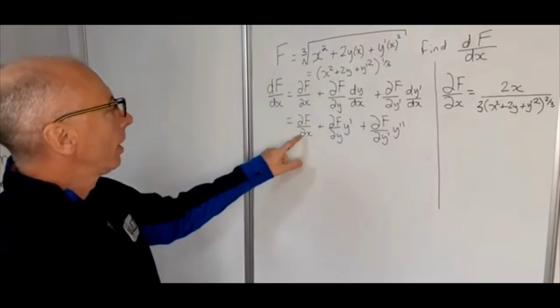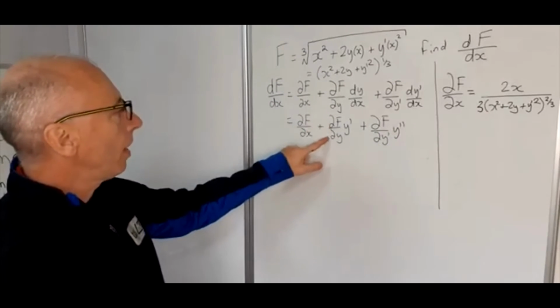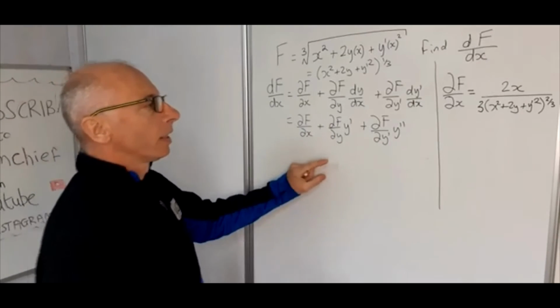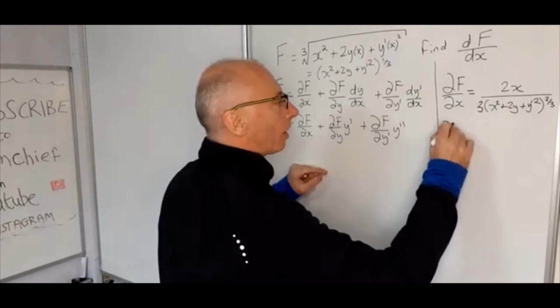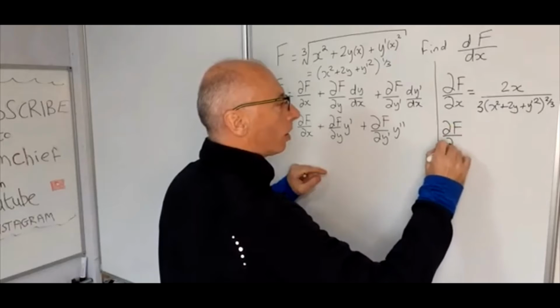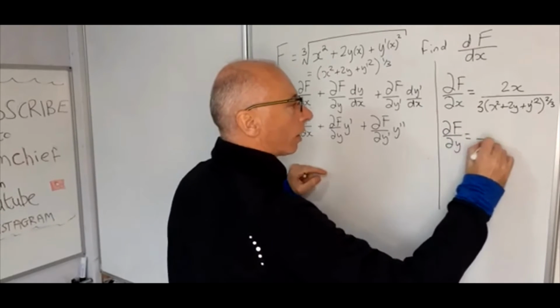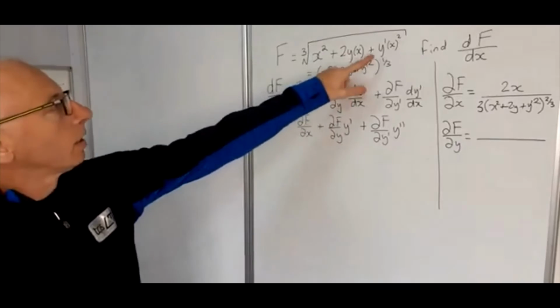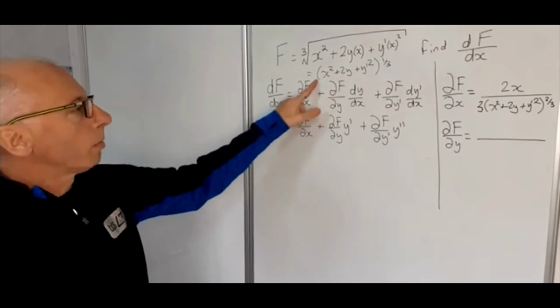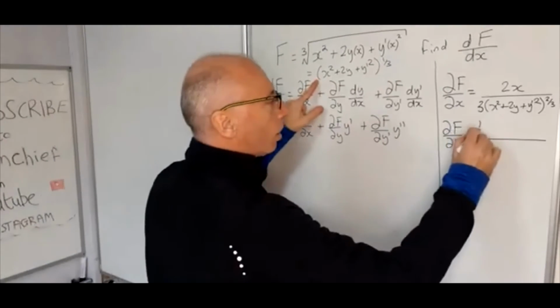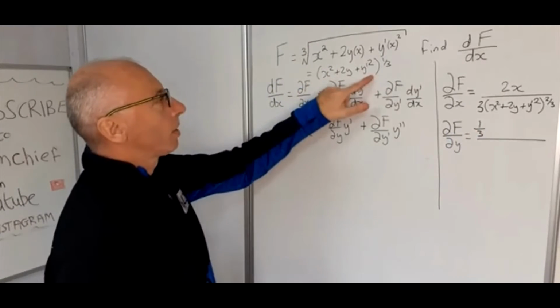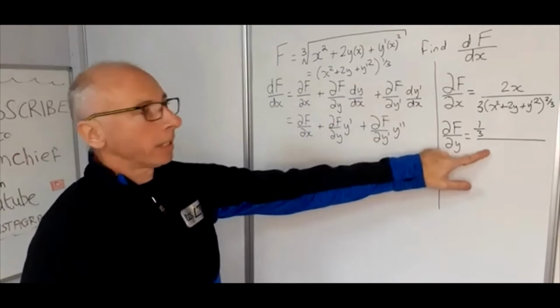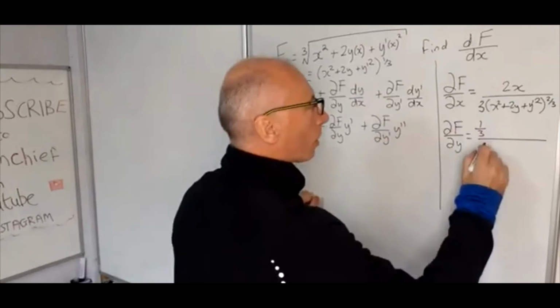Okay, next term we need is the partial of f with respect to y. So let's write that out on here. We're going to end up with the same denominator by the chain rule. So the 1/3 will come out front. The inside term will then be in the denominator with the 2/3 as it was before.